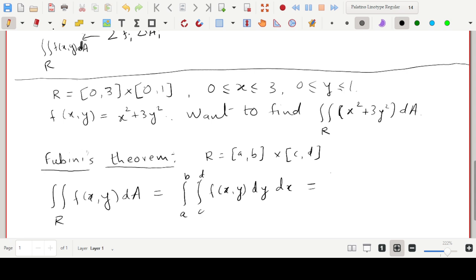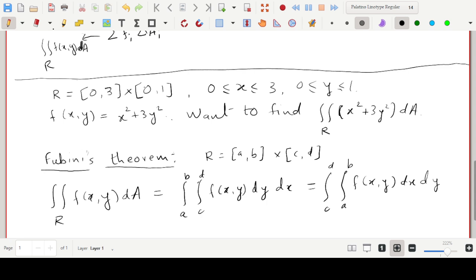This order can also be changed. We can also first integrate with respect to x and then with respect to y, but be careful about the limits of integration and the variable with respect to which you are integrating.